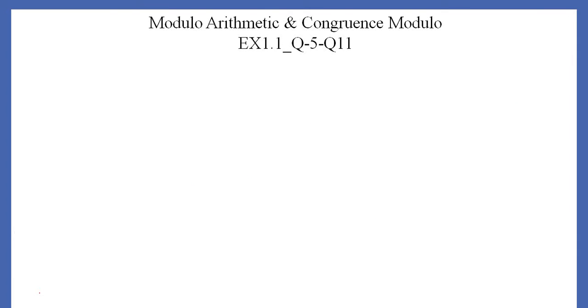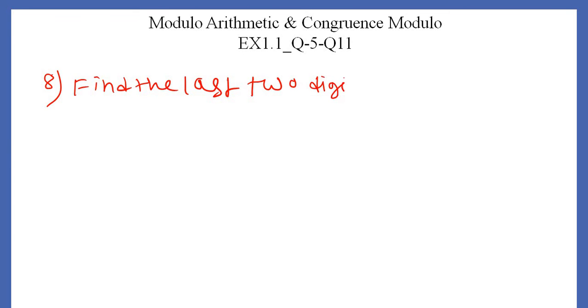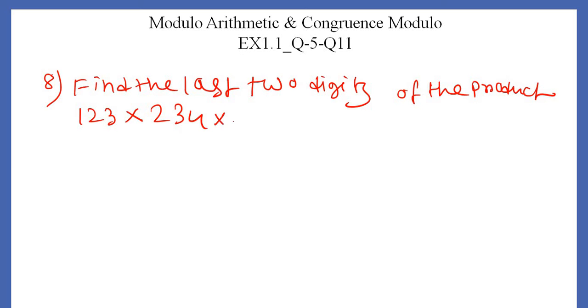Question number 8. Find the last two digits of the product 123 into 234 into 345.